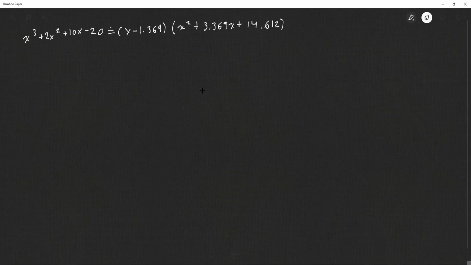Just like in synthetic division, where you found a root and then factored it out so that you have a quadratic, it's easier to work with. That's the same thing we just did, but this time our root isn't a whole number, it's just a little more complicated. So now all we have to do to find our other roots is solve this quadratic.